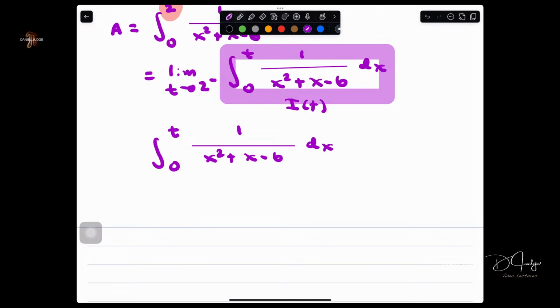Let's recall that we graphed this as our factored form, x plus 3 times x minus 2. Now, the reason I'm writing down the factored version of the denominator is because we're going to use partial fraction decomposition, PFD.